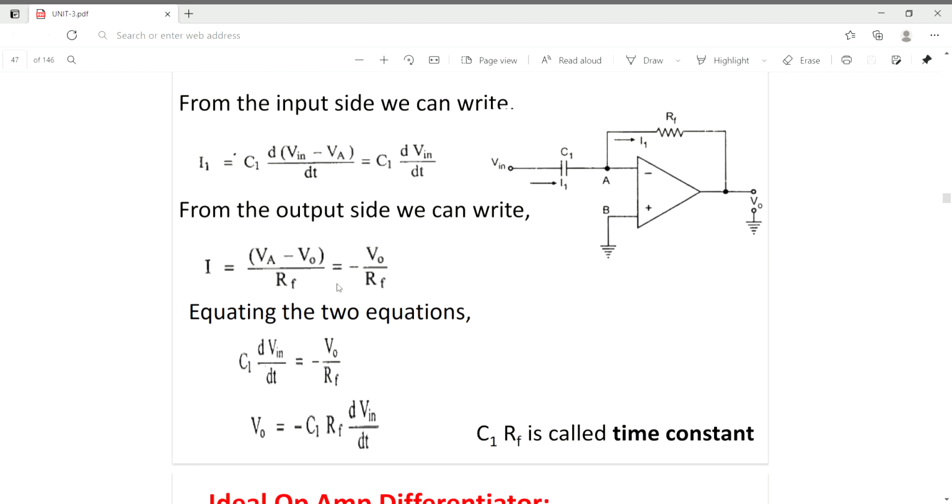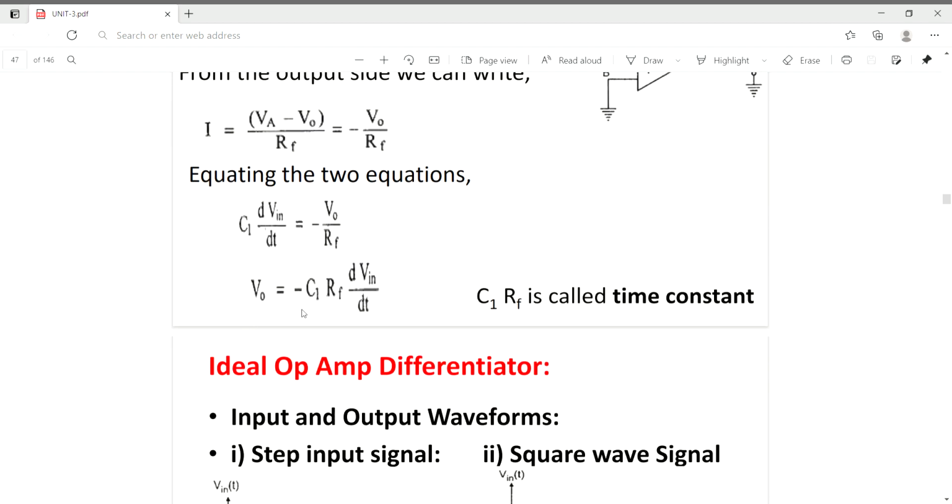This negative sign is there because we are applying the input through the inverting terminal. Equating these two equations, we get V0 is equal to minus C1 RF dVin by dt, so here we are getting V0 proportional to the differentiation of the input voltage.